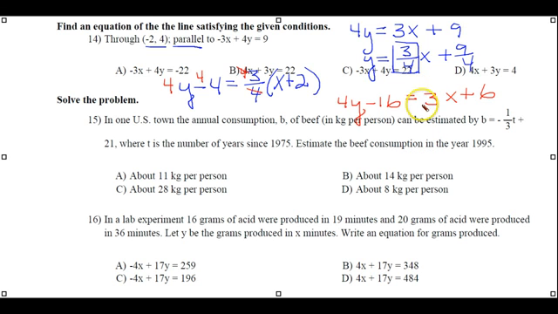So now I'm just going to take this term, transpose it, so I get a -3x plus 4y. I'm taking this term, transpose it to this side. Now I'm going to take my -16, transpose it to that side, and get a plus 22.